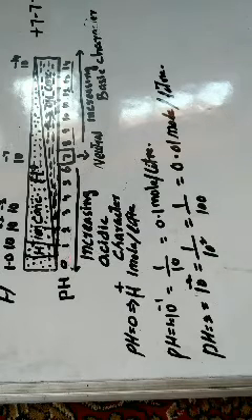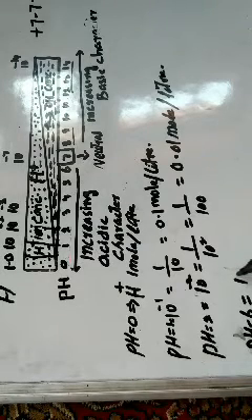Similarly, pH value equal to 6 means H positive ion concentration is 10 raised to power minus 6.